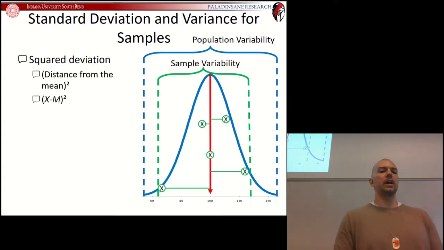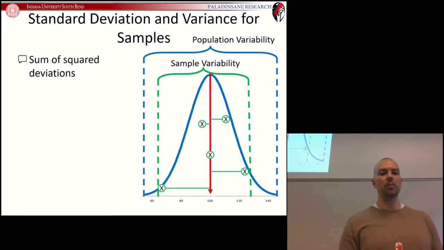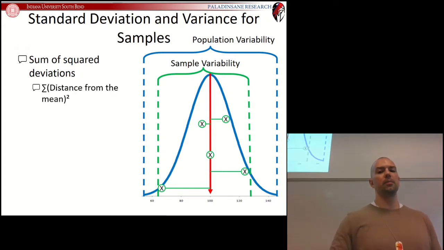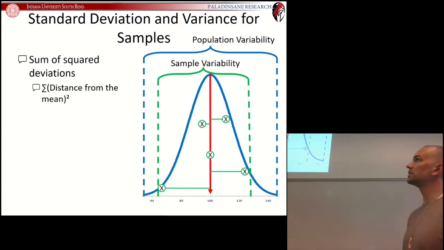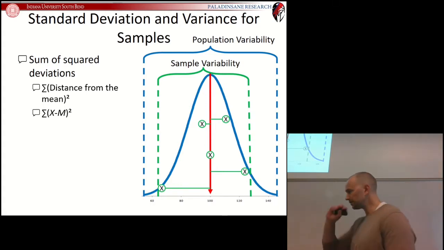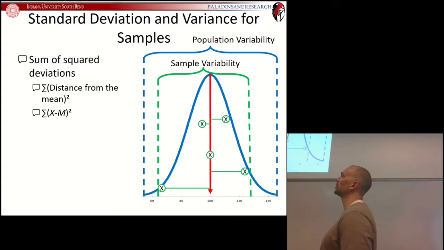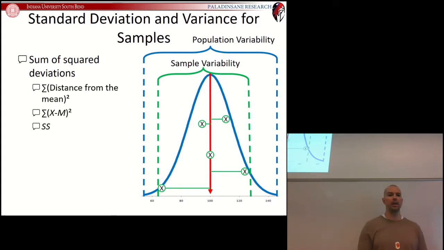Next, we've got to start finding the average of these squared deviations. So we add them all up: sum of squared deviations, the sum of the distances from the mean squared. Once again, those poor grad students have to write that out a bajillion times, so they abbreviate it right down to SS.